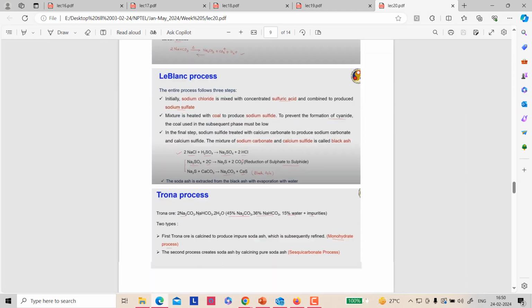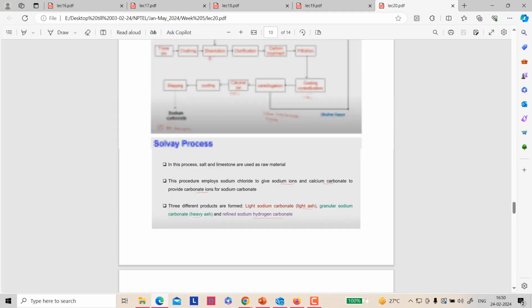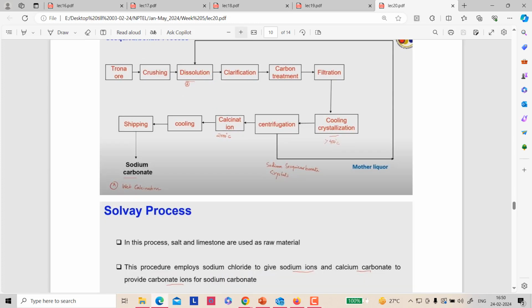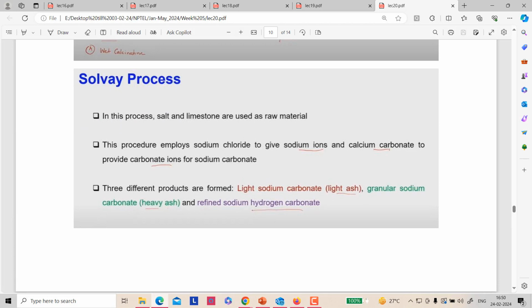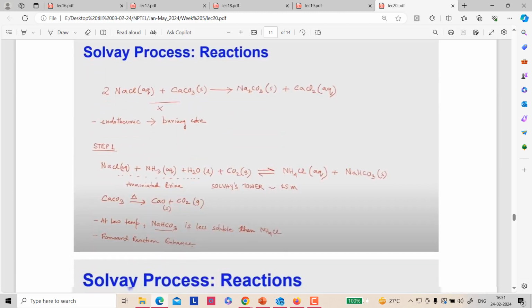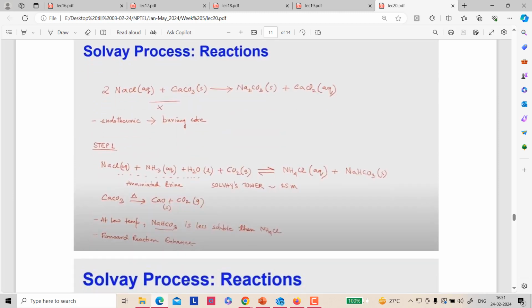I'll go through this once. In the Solvay process, mainly salt and limestone are used. There are three different kinds of products, as I said: light sodium carbonate, granular sodium carbonate, and refined sodium hydrogen carbonate. These are the equations involved in the Solvay process, which are very important.